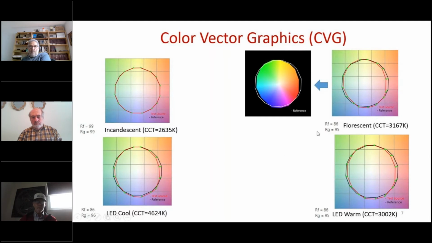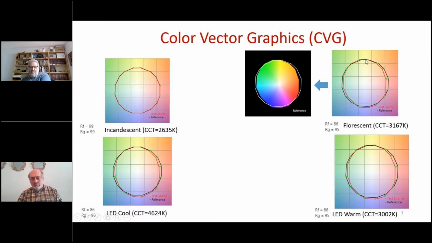Then we go to the fluorescent, and you can see there are these arrows here. What do these arrows indicate? If there are inward arrows, it means desaturation. If there are outward arrows, there is saturation. These show basically chroma shift, and if there are tangent arrows, it means hue shifts, the change of color.